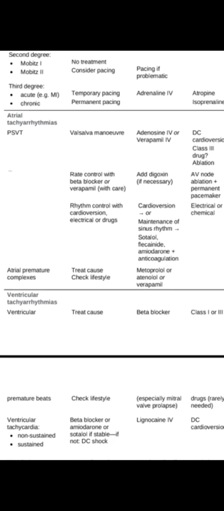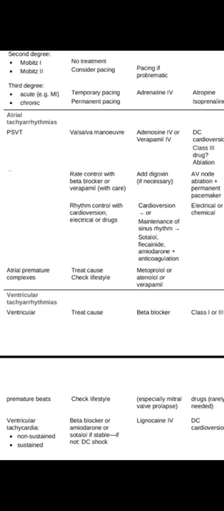If the patient is stable, then control the rate and the rhythm. In the next step, we add digoxin, or we do cardioversion with some drugs like sotalol, flecainide, procainamide, or we prescribe some anticoagulation. And third line would be electrical or chemical cardioversion, or permanent AV node ablation or permanent pacemaker.